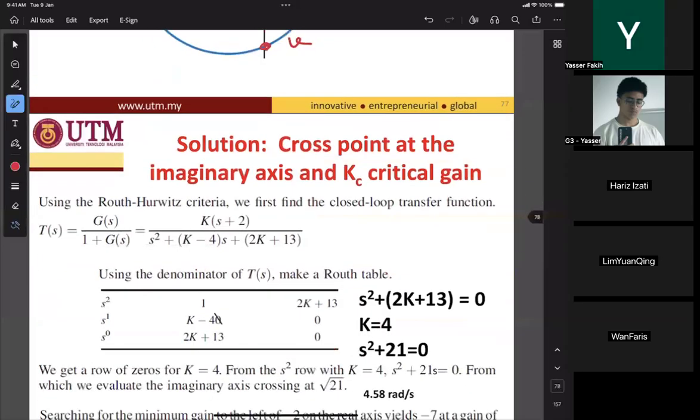So we use the Routh-Hurwitz criterion. Take this row equal to 0. Now the first column is 1, K minus 4, 2K plus 13. First column greater than 0.